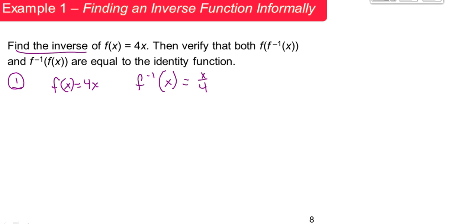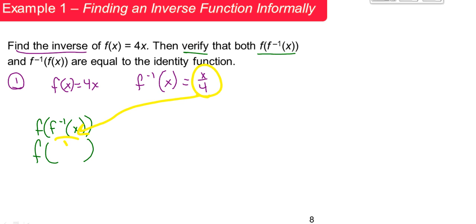Now we want to verify that this is equal to x, so I'm going to write f of f inverse of x. We'll do this just like we did with the composition of functions. So I want f of, and the first thing I'm going to do is put f inverse in for that. So I'm going to put in that x over 4, and I'll write it in green here.